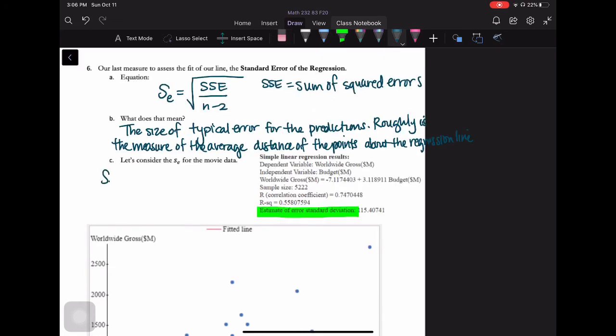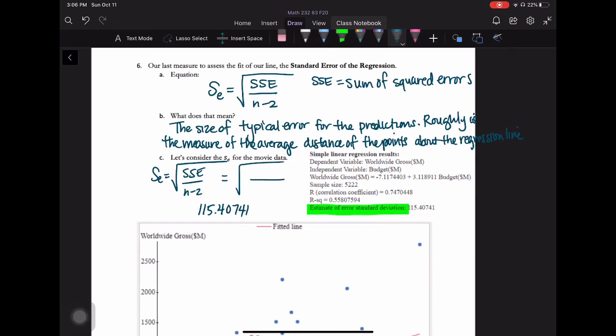Now, S sub E is equal to the square root of the sum of squared errors over n minus 2. So we would need the sum of squared errors over n minus 2. And that would give us 115.40741. I know that the sample size is 5,222, but where is SSE found?